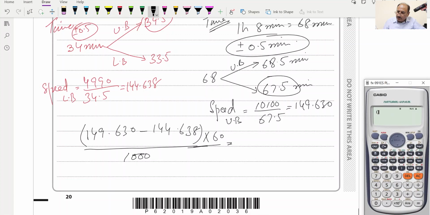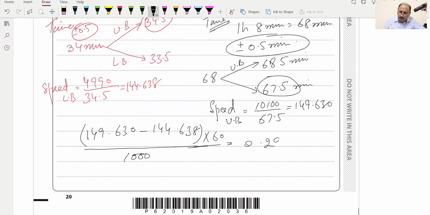We can take the fraction first: 149.630 minus 144.638, in brackets, multiplied by 60 over 1000, and this will be equal to 0.2995. So 0.2995 will be our final answer.